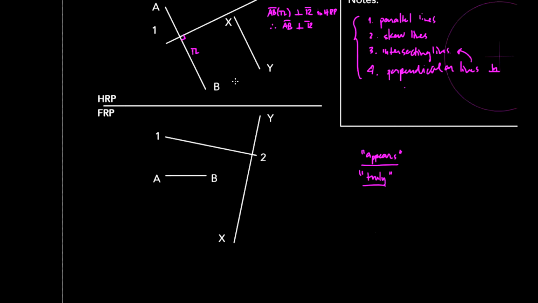Once na napakita nyo na in true length yung isa, tapos hindi siya perpendicular doon sa other line, then kahit ano pang view or manipulation yung gawin nyo, any additional view na gagawin nyo, you will never show those two lines as perpendicular to each other, no? Or you will never prove na perpendicular yung two lines na yun. Automatic, hindi na sila perpendicular, no?